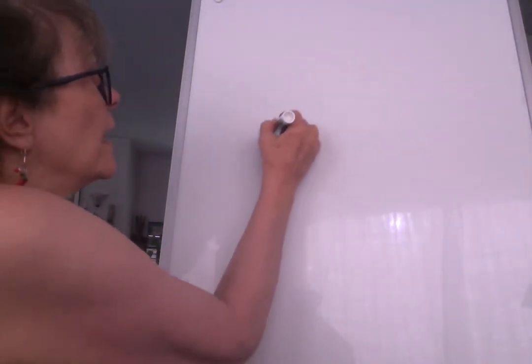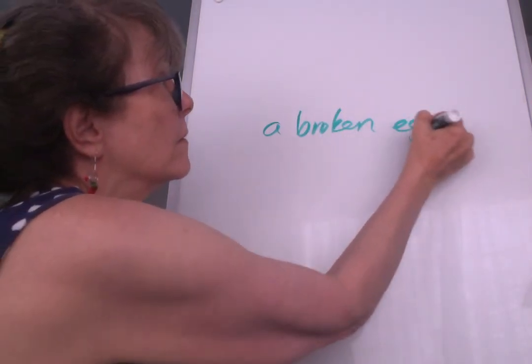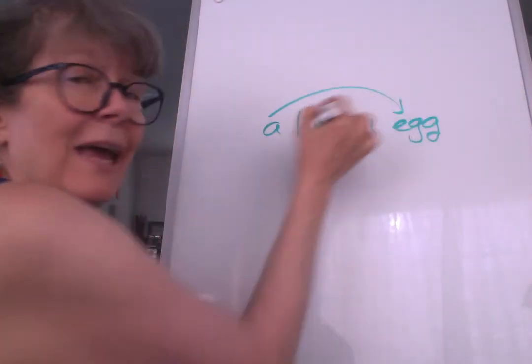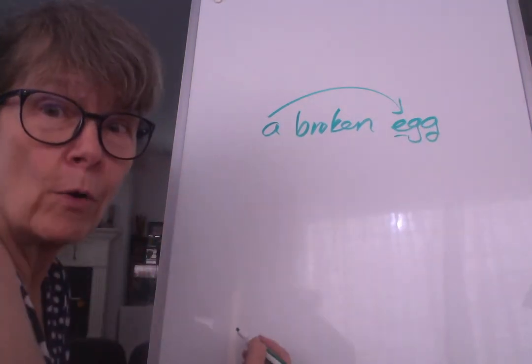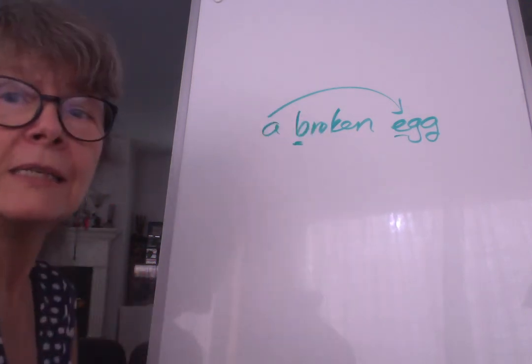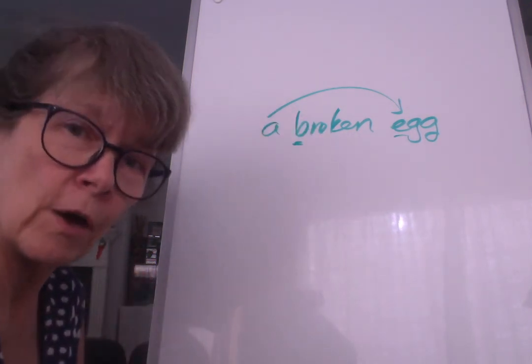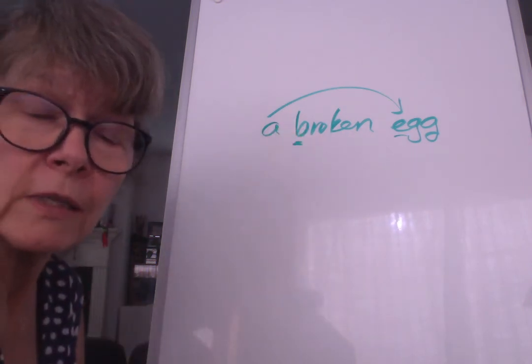So I say a broken egg, even though this a refers to the egg, and that's a vowel, so we would expect to use an, but B is the next sound after the article. So we're going to use a because B is a consonant.